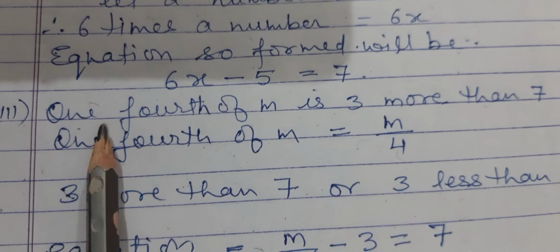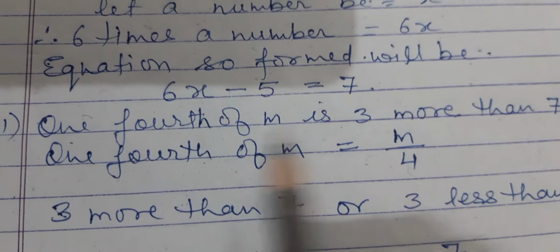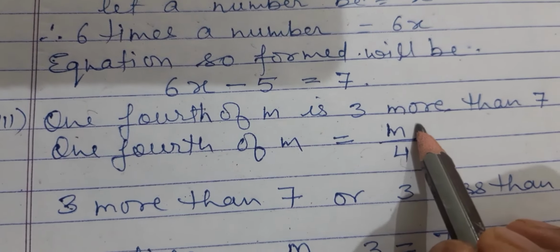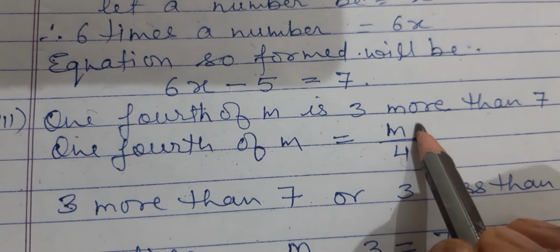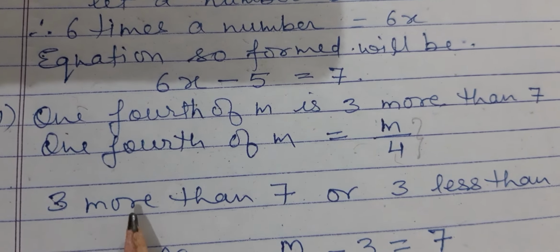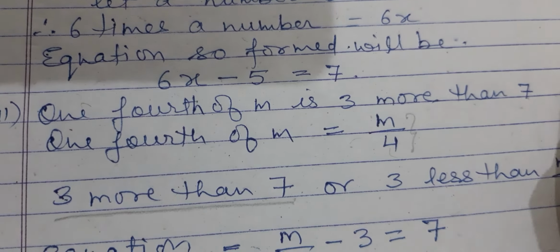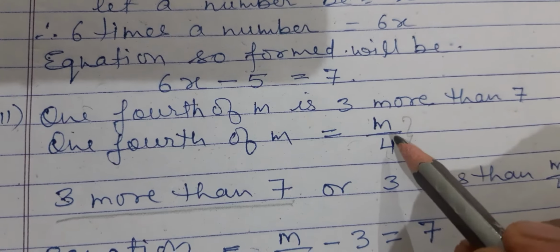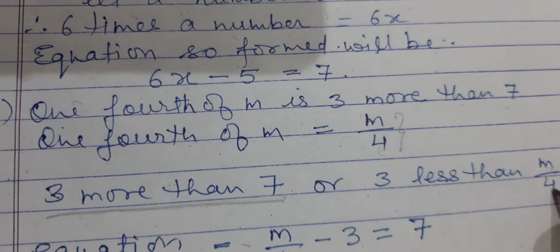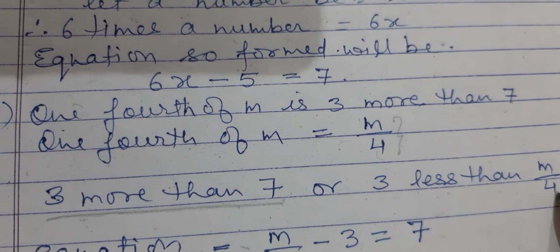Another example, 1/4 of m is 3 more than 7. It is saying 1/4 of m means m upon 4. This m upon 4 is 3 more than 7. Or we can say 7 is 3 less than m upon 4.